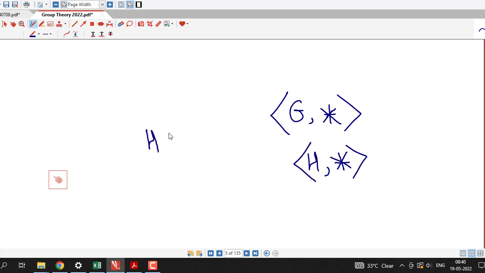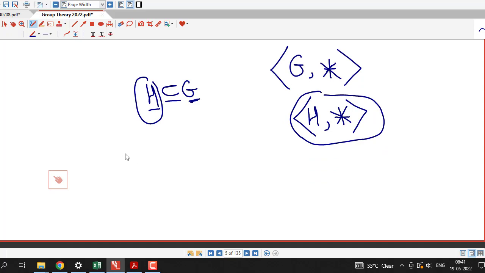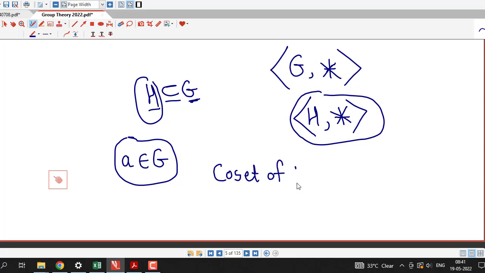When we say that H is a subgroup of G, it is clear that the binary operation is the same in H as well as in G. Now we want to define a coset of this subgroup H. For every element of G, say a is an element of G, we can define a coset of H, where H is a subgroup of G.